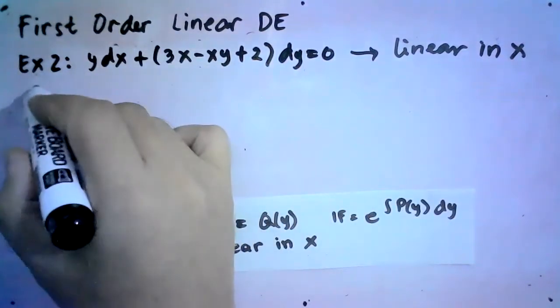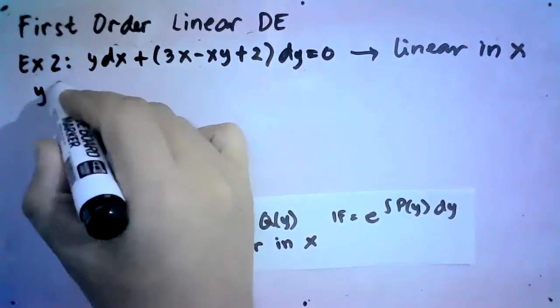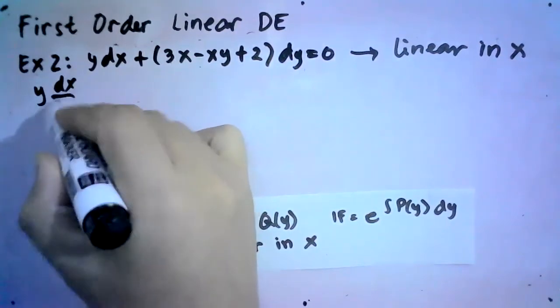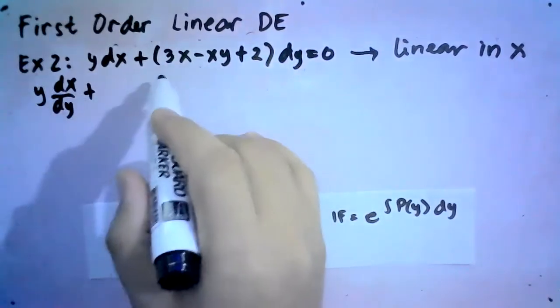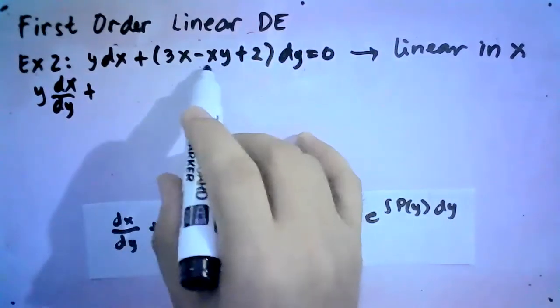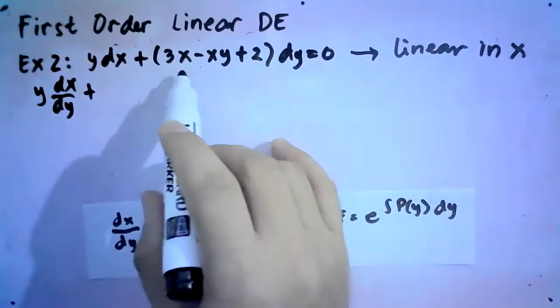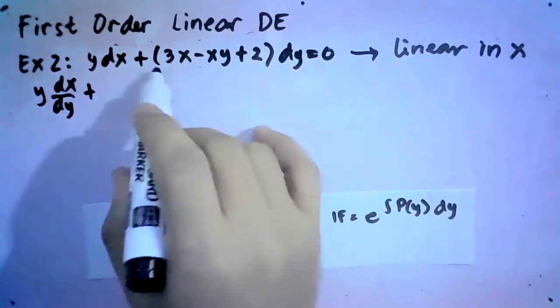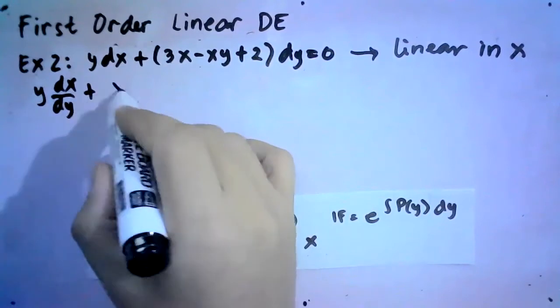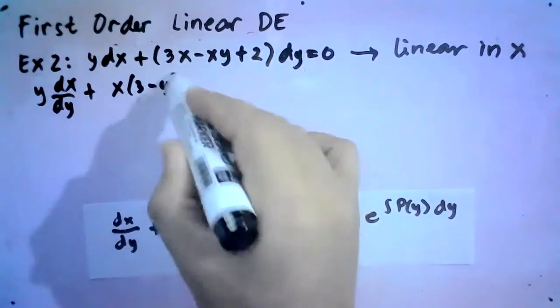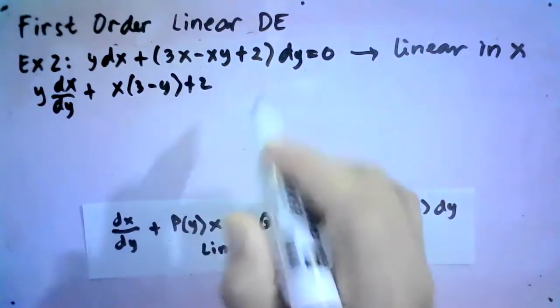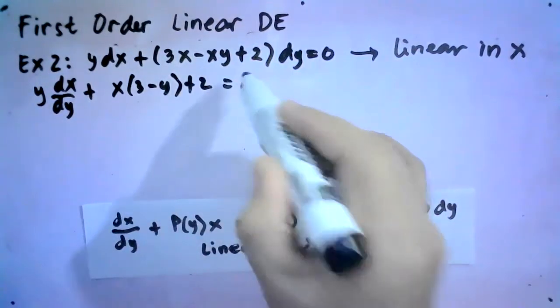What remains here is y dx over dy, and then we have 3x minus xy plus 2. I will factor x for this part: x times (3 minus y) plus 2, which is equivalent to 0.